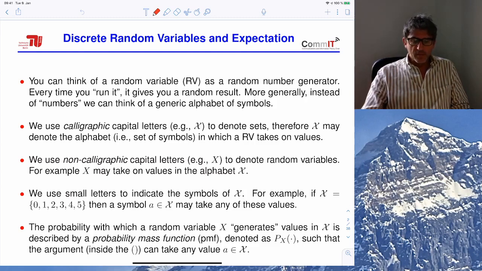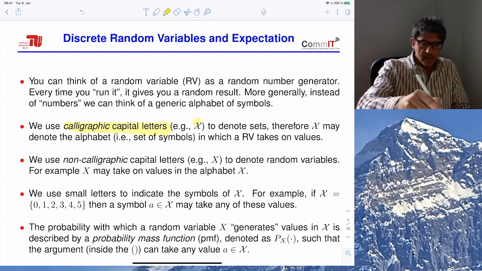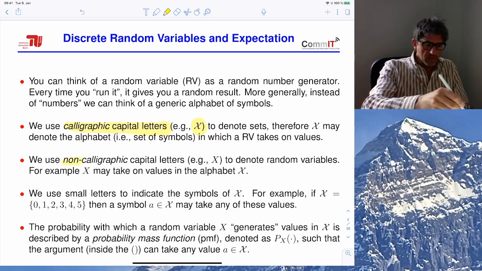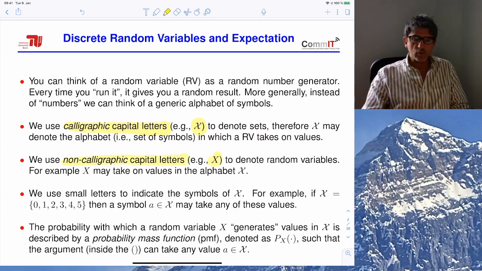in a certain alphabet. For example, I use calligraphic letters. So here you see calligraphic capital letters like X calligraphic to denote the set or alphabet of symbols that the random variable can generate. I use analogous non-calligraphic letters like this capital X to denote the random variable itself.